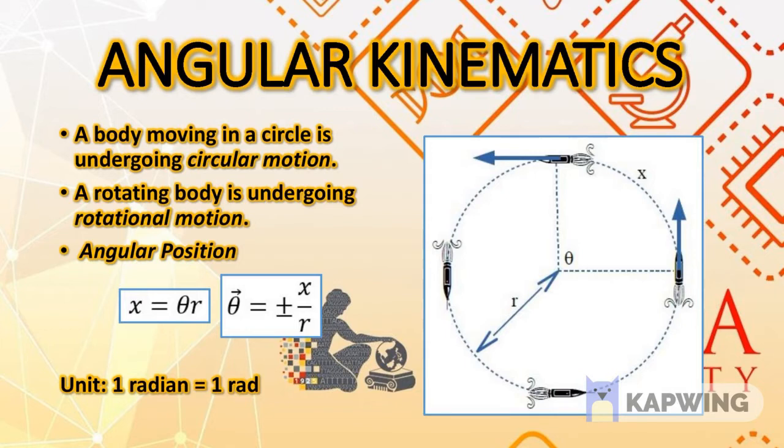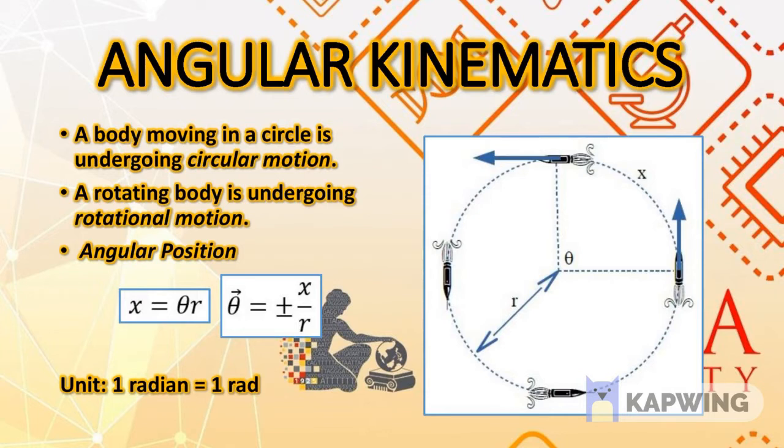For both motions, we measure the motion in terms of angular motion, in terms of angle traversed. Hence, we have angular motion. And for angular kinematics, let's first look at the basic variables by which we measure the motion of the object.